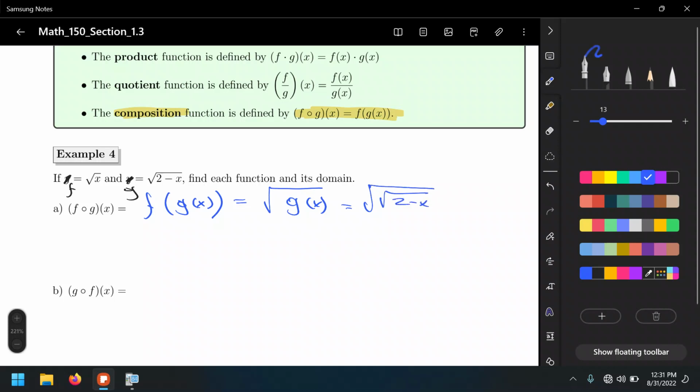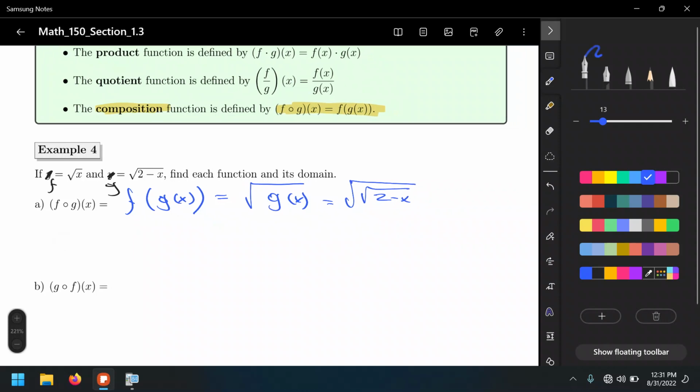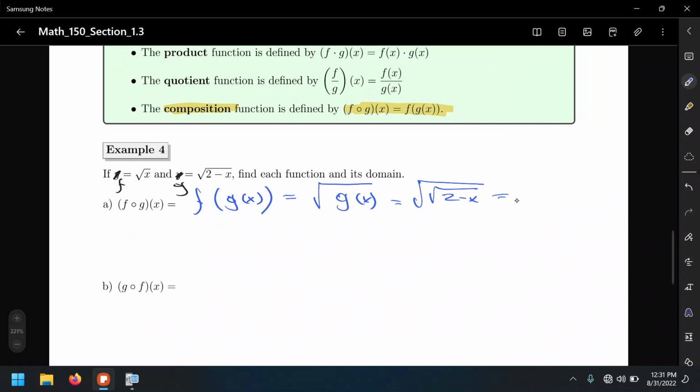And of course, we can simplify this function a bit further because we can rewrite the inside function, 2 minus x to the 1/2, and then the outermost radical is also a 1/2. Now, what do we do when we have a power of another power?